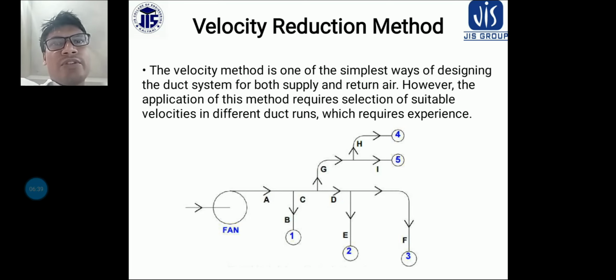We can also use cement asbestos. Cement asbestos duct may be employed for underground air distribution and for exhausting corrosive materials. So these are the non-metal ducts we can use: resin bonded glass fiber and cement asbestos.